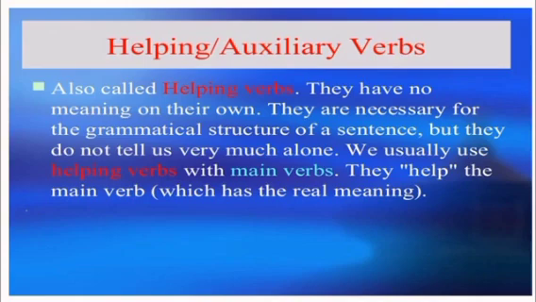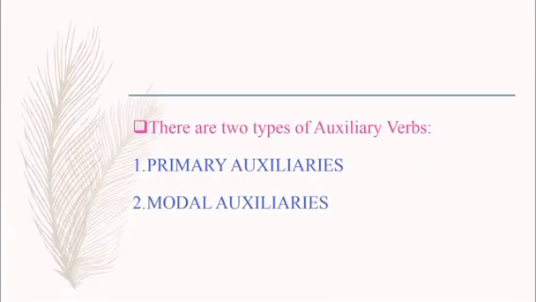They help the main verb, which has the real meaning. There are two types of auxiliary verbs. The first one is primary auxiliaries and the second one is modal auxiliaries. In today's class, we are going to learn primary auxiliaries.